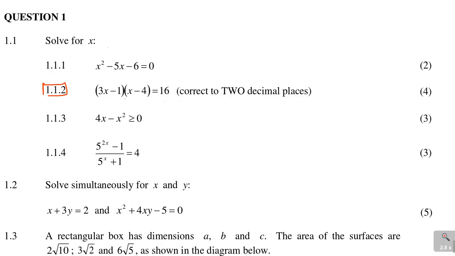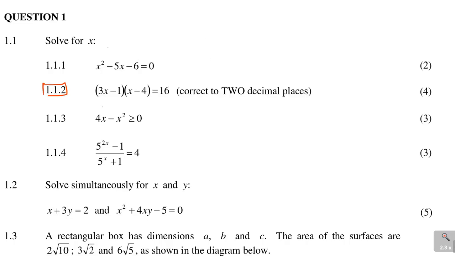Then it says you are given that, solve for x, correct to 2 decimal places. You see, now that you've been using your quadratic equation, this time you definitely have to rely on it, because when they say correct to 2 decimal places, there is no other way, other than completing the square, which is not examinable in your grade 12. The most important thing is the quadratic equation.